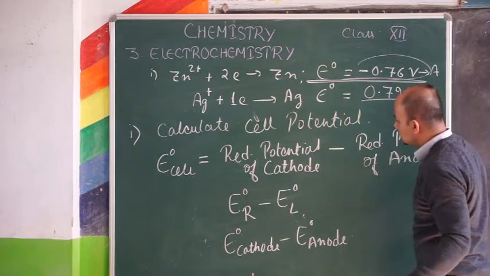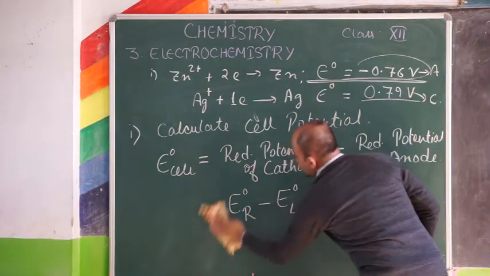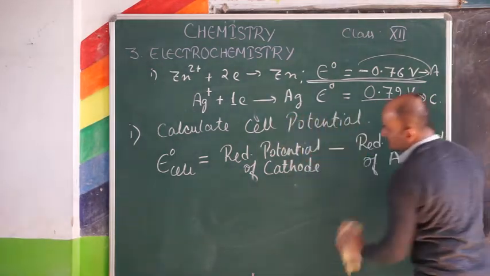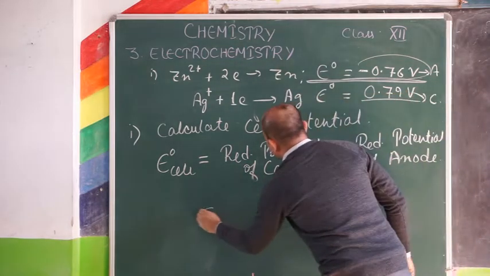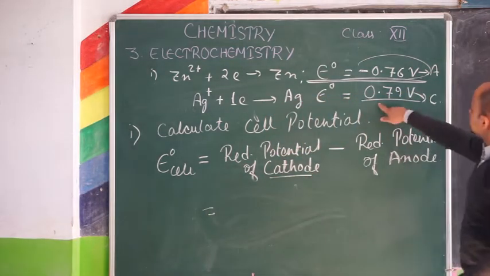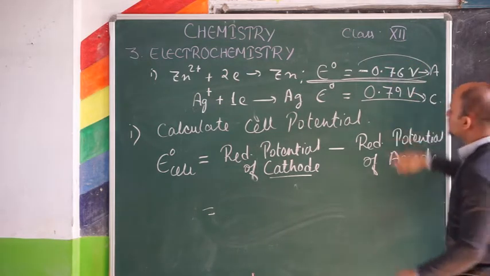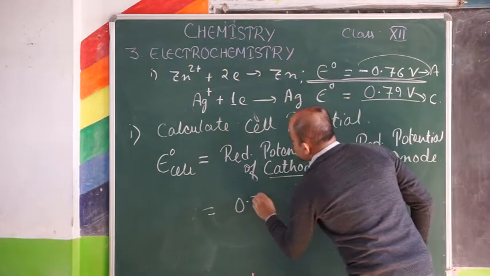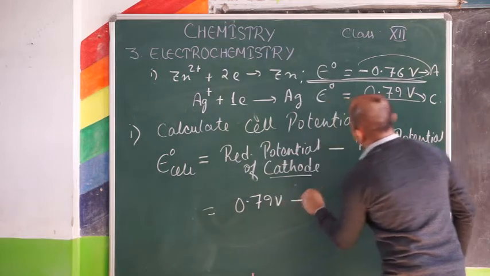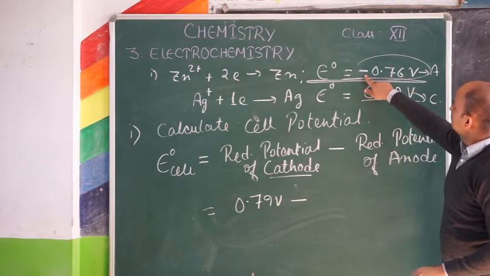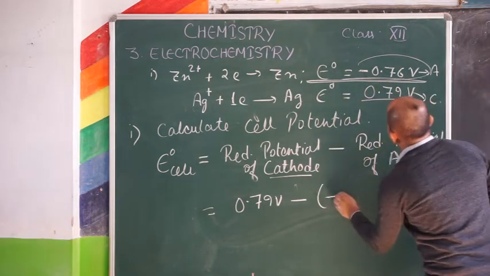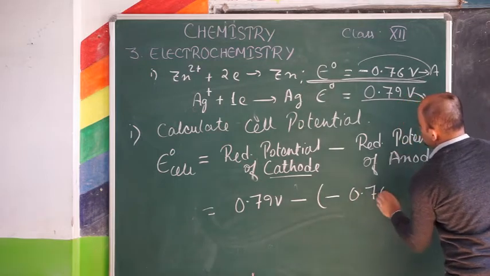So let's put in the values of this reduction potential. Here, this is cathode. So which one is used as cathode? The higher value, that is 0.79 volt, minus this minus 0.76 volt.